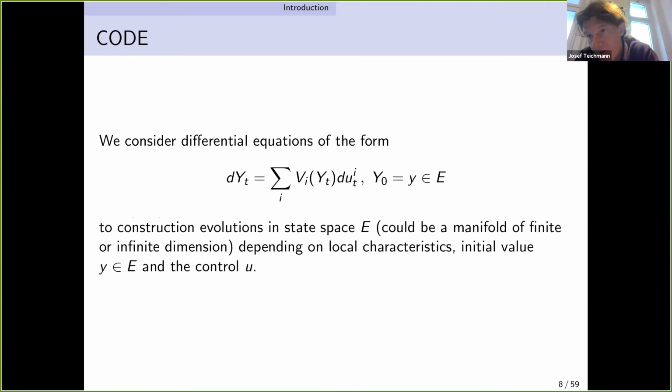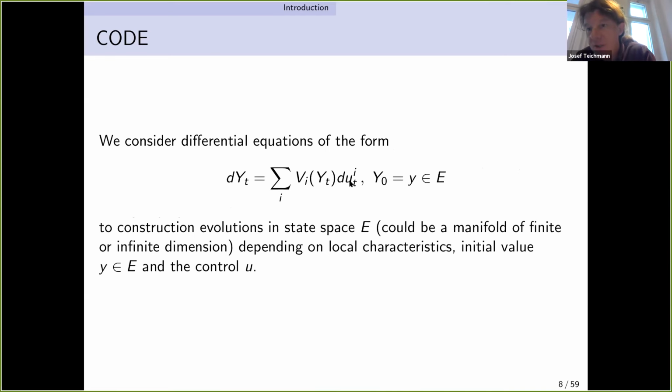Now, the first part of the talk, classical signature representation. What does that mean? What is signature and why does it work? We shall consider here so-called controlled ordinary differential equations. The control is nothing else than this d-dimensional curve u here.